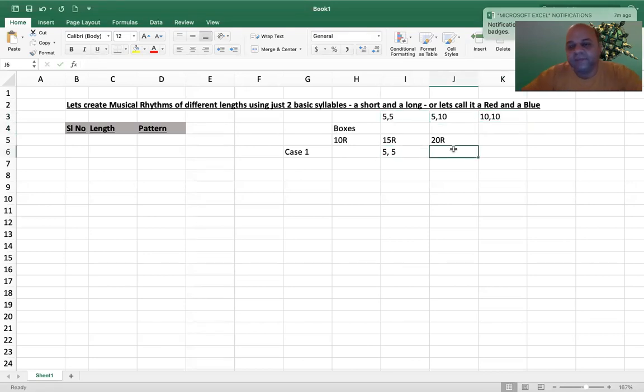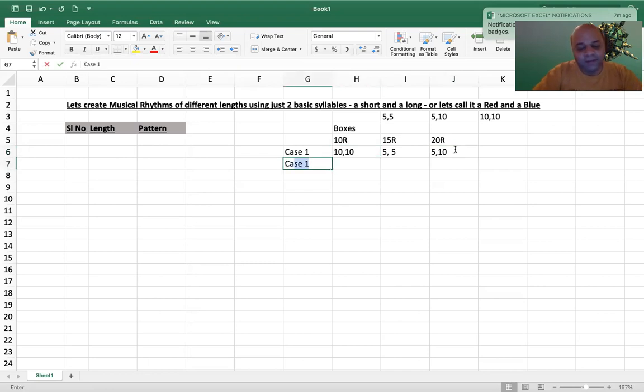Now 20R, can it contain 10 10? No, because the label is wrong, you are told. So it cannot contain 10 10. That means the only other thing it can contain is 5 10. And that means the only other possibility for 10R is 10 10. So you find out for everybody.